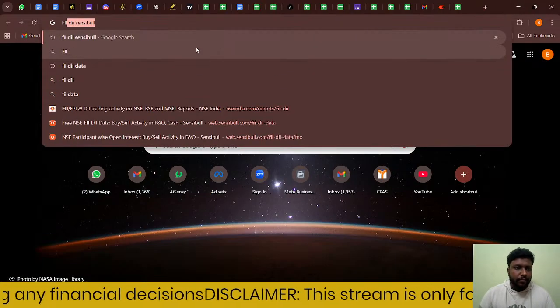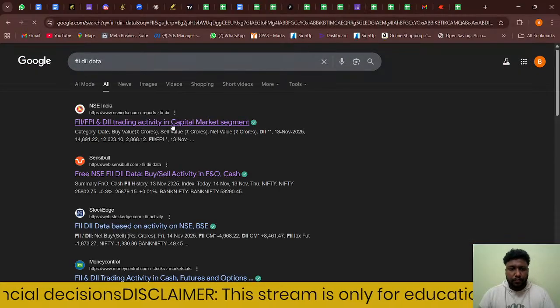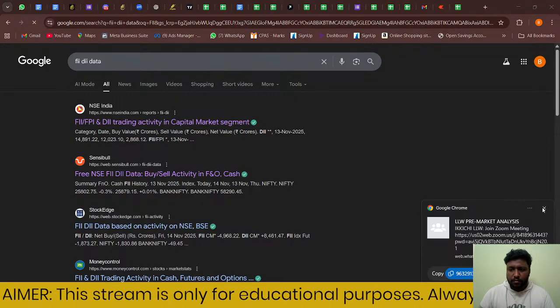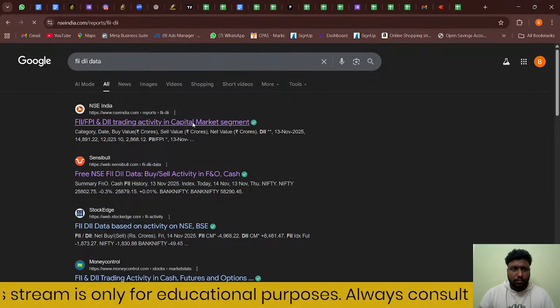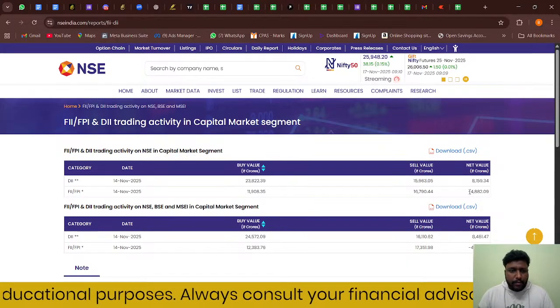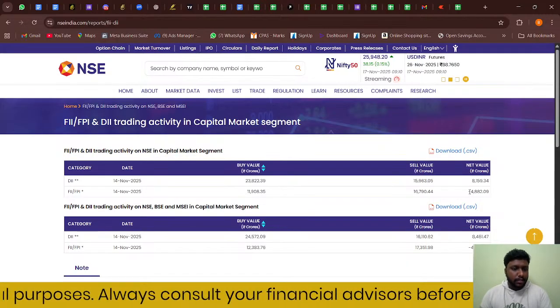And we can have a quick look at the FII data. So if you see from the cash market, FII is following a similar pattern only.